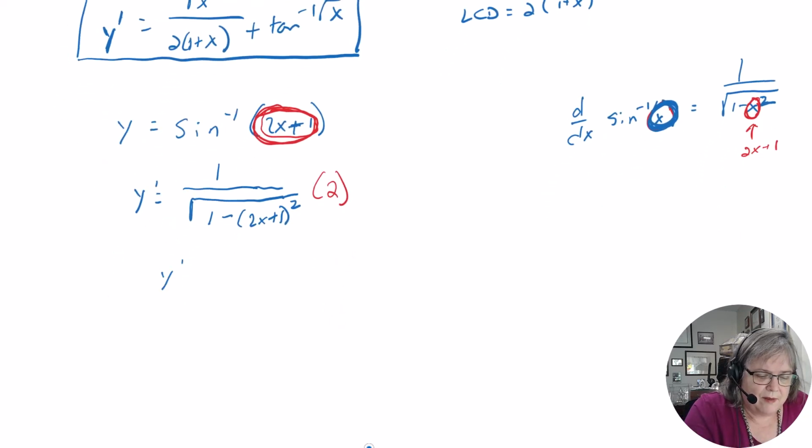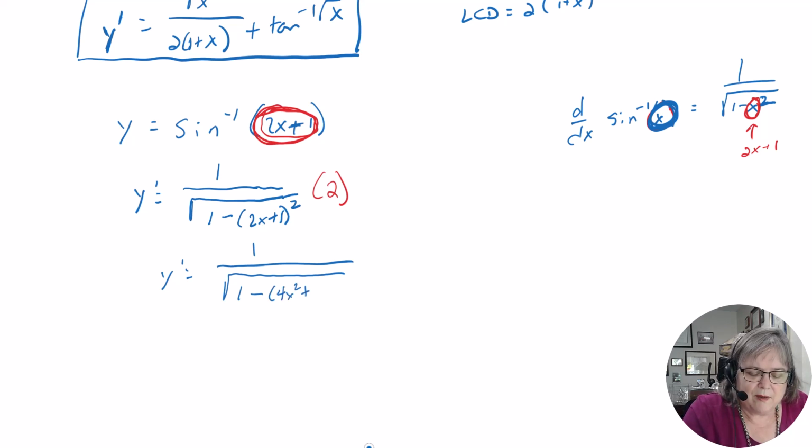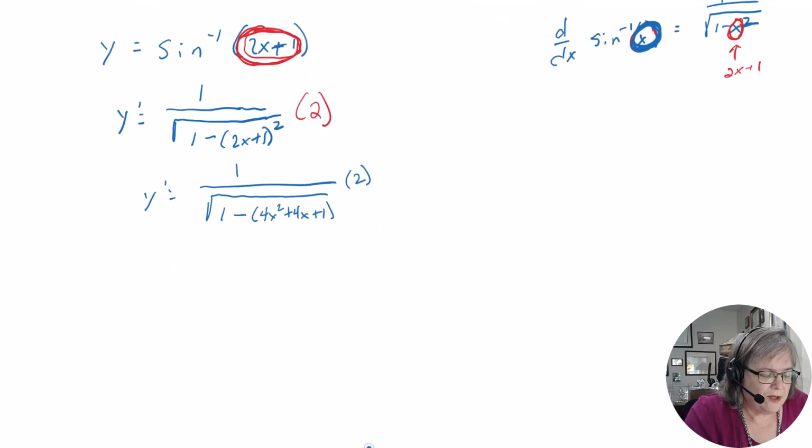So y prime is 1 over, and the only thing is you have to clean up the bottom sometimes. So let's look at that. You'd have 1 minus, and 2x plus 1 squared is 4x squared plus 4x plus 1. I'll bring the 2 over in a minute. Okay, so then you have the 2.